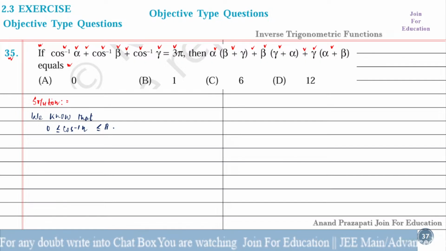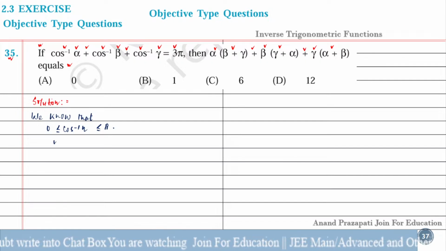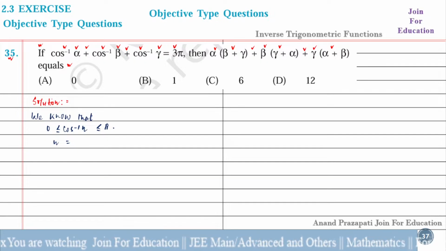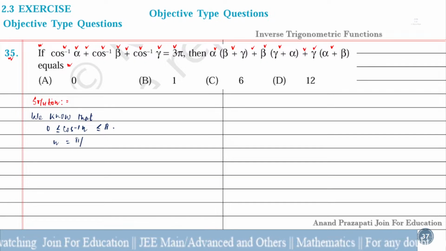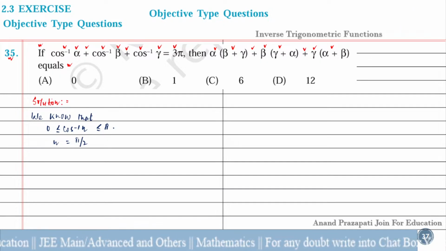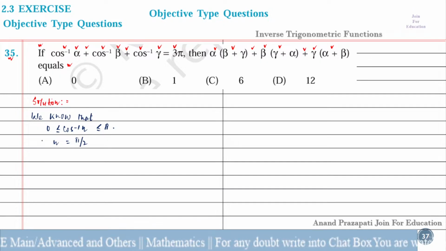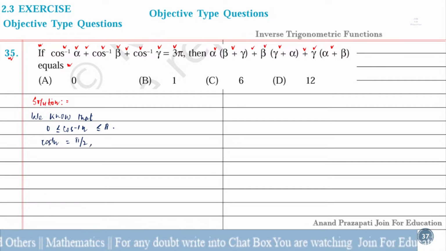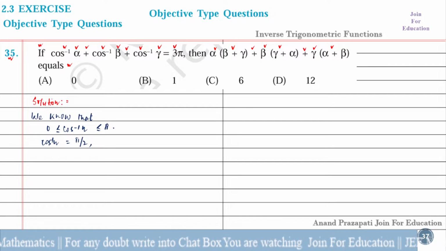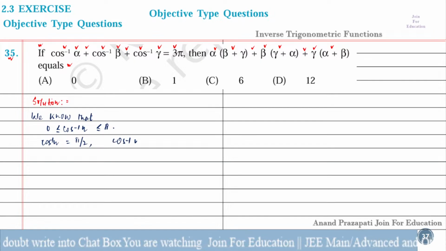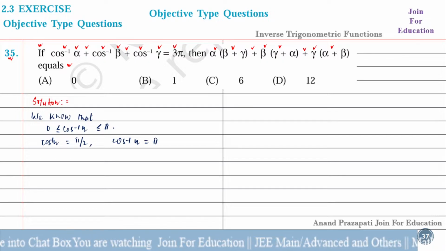So when cos inverse x equals 0, x will be 1, and when cos inverse x equals pi by 2, x will be 0, and when cos inverse x equals pi, x will be minus 1.